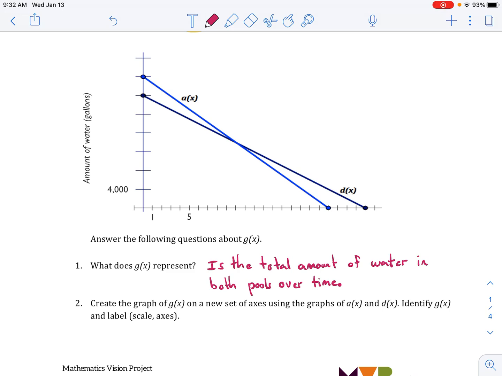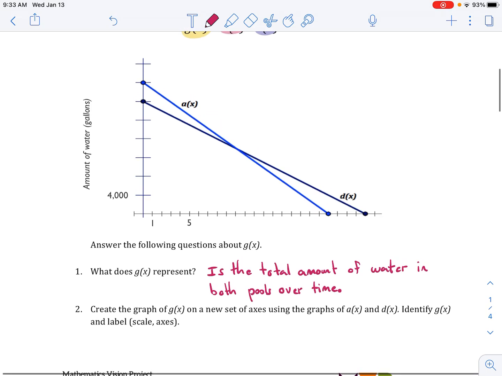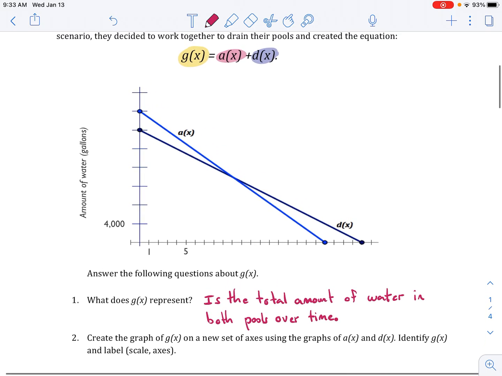Okay, so it says create a graph of G of x on a new set of axes using the graphs of A of x and D of x. Identify G of x and label scales and axes. So what we need to do is add these two equations together.